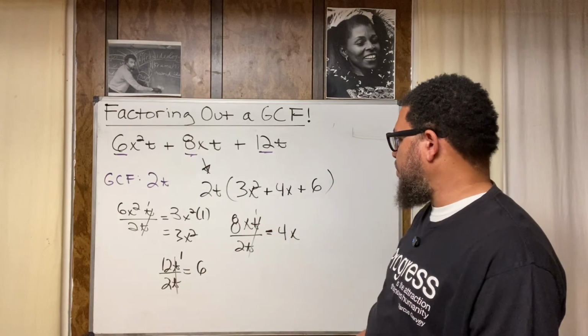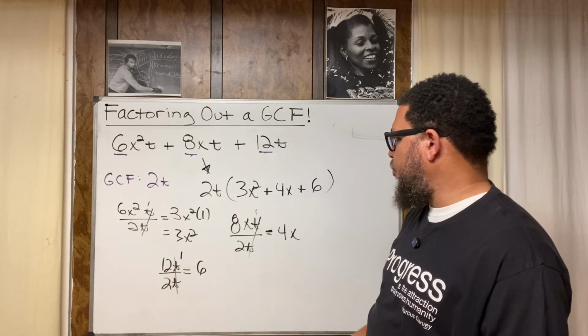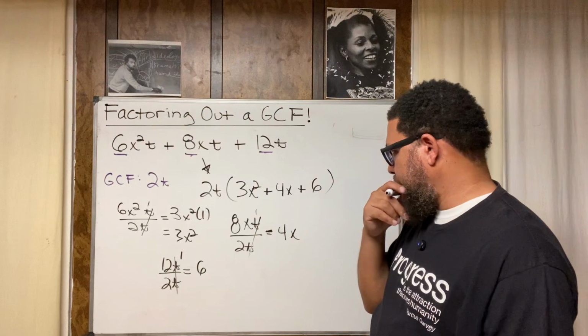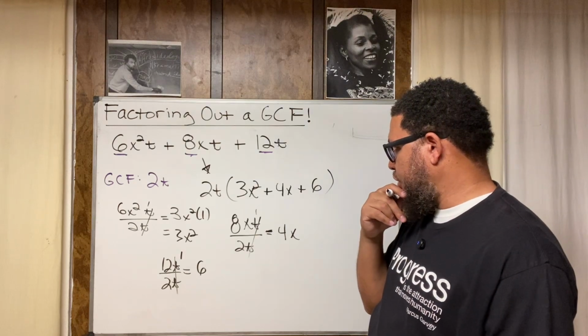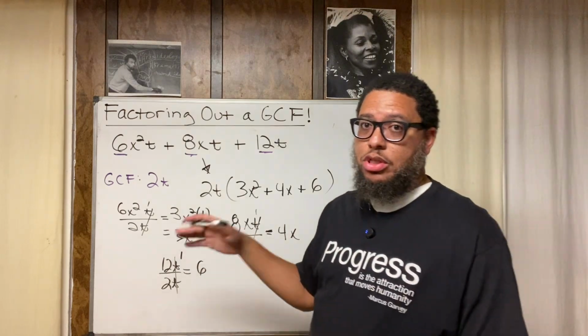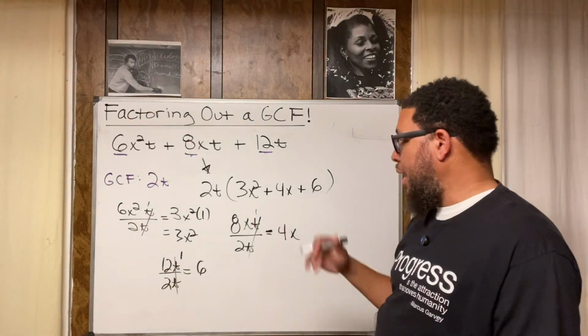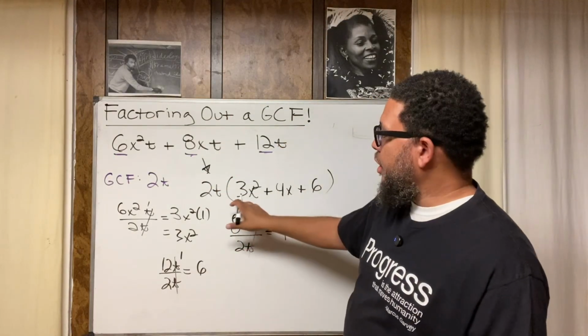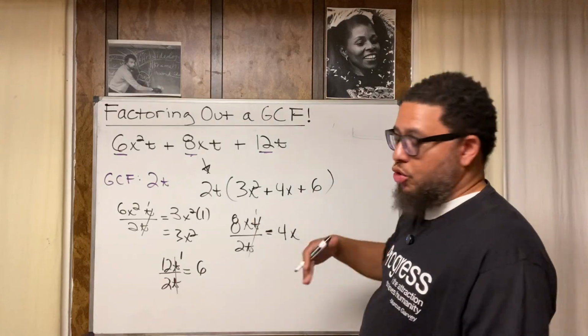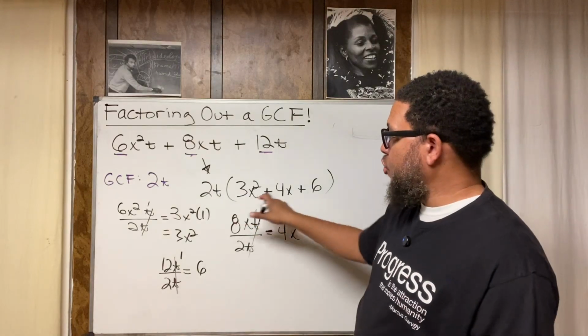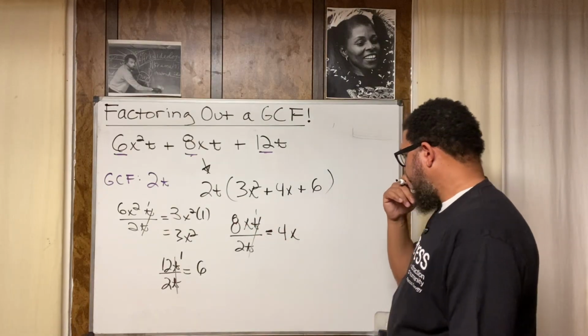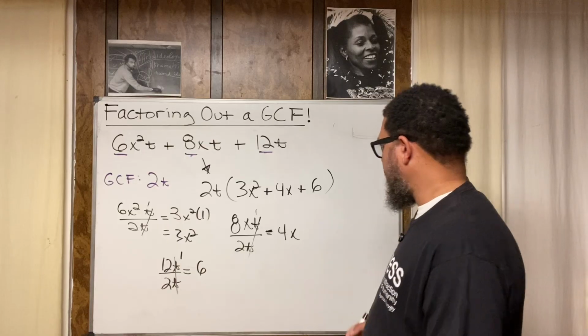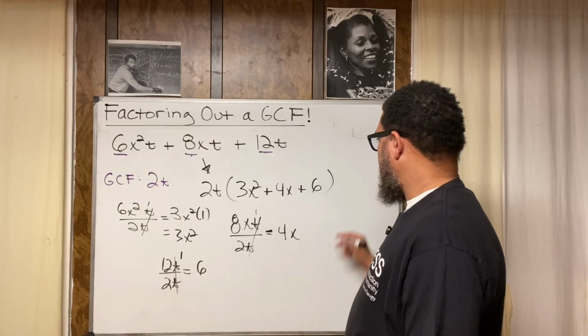Sometimes you would be able to continue factoring. Let me look at this for a second to see if we could continue factoring, even though that would be beyond the scope of this particular video. I'm just curious because sometimes, even after you factor out a GCF, the new trinomial or binomial can still be factored further. Let me see something.